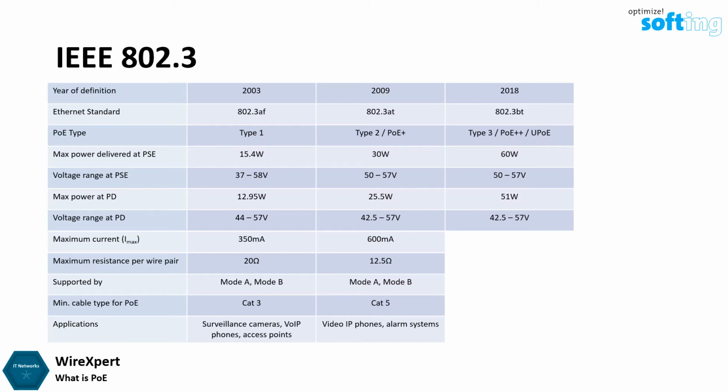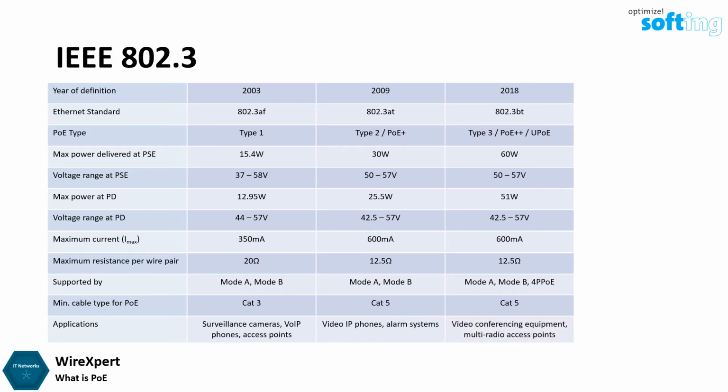The maximum current for a Type 3 PoE is 600 mA, with a maximum resistance of 12.5 ohm per wire pair. Type 3 PoE is supported by Mode A, Mode B and 4 pairs PoE, using at least a Cat5 Ethernet cable for devices such as video conferencing equipment and multi-radio wireless access points.